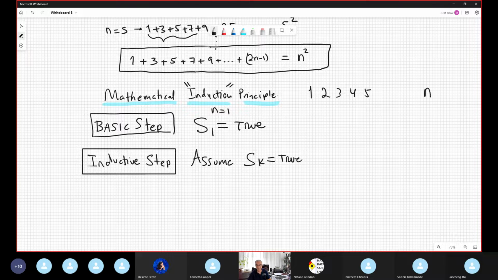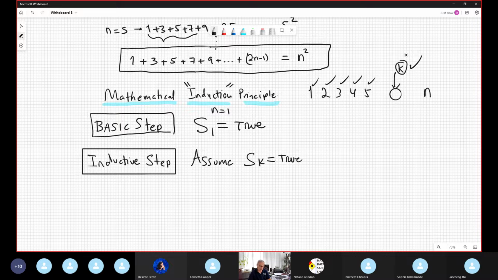This is M, but k is one guy in the middle. In the position, I don't know, 20, 21. Suppose that in one arbitrary position, that I call k, this statement is true. Because I cannot continue. Suppose that S1 is true, S2 is true, S3 is true, but I assume that this is true.